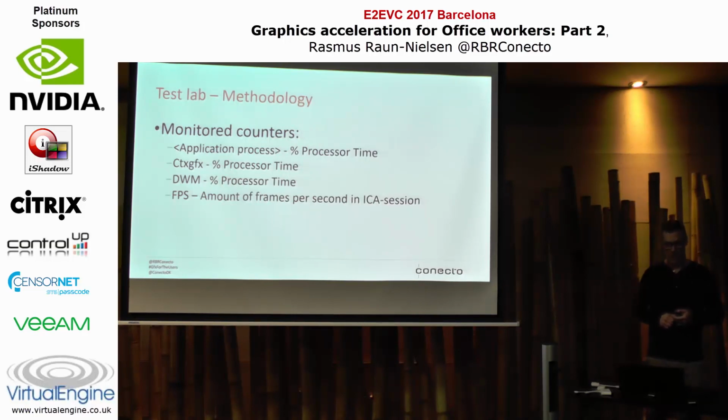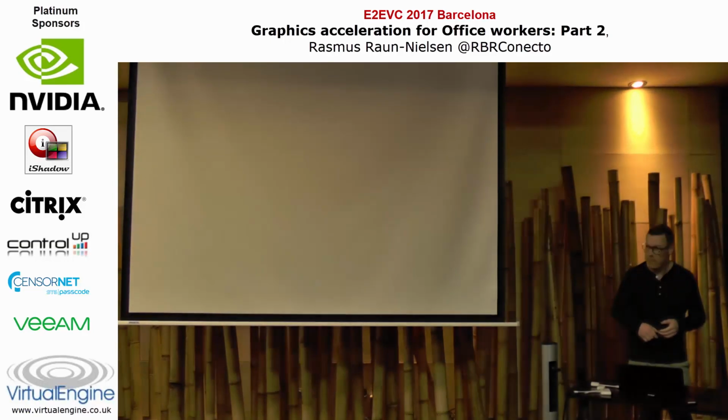TCXGFX is an indication of how much motion is going on on the screen that the Citrix session is sending to the endpoint device. Whereas the DWM, the Desktop Window Manager, is an indication of how much the operating system is doing. Is it resizing a window? Is it doing some transparency calculations because of Aero user interface and so on in Windows 7?